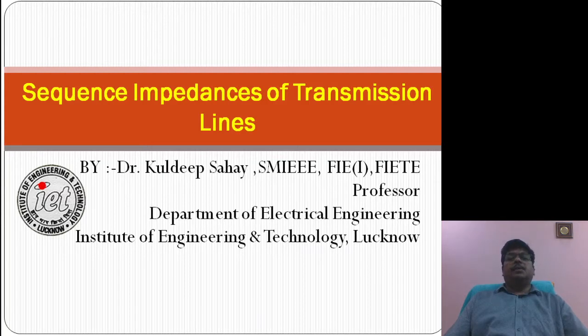At the one end, there is a generating station. At the other end, there is some receiving substation, means sub-transmission level. At this level, at both ends, there are transformers.